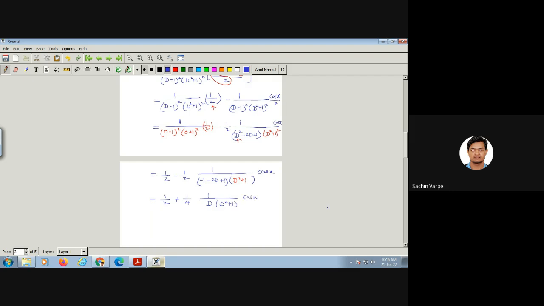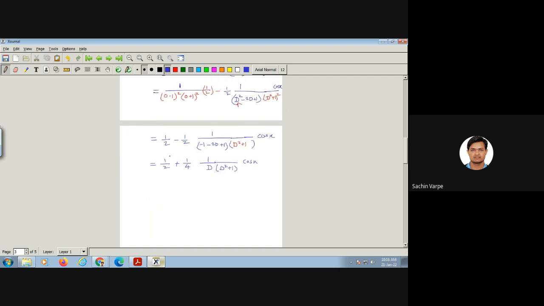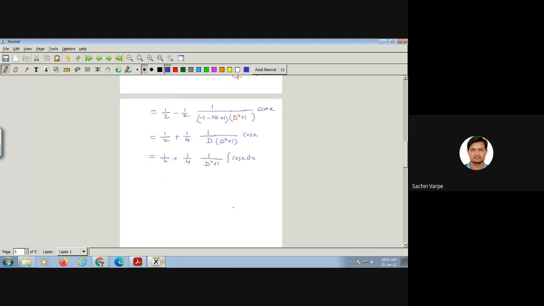Cos x. So what we'll do, 1 upon d means what? Integration. So 1 by 2 plus 1 by 4, 1 upon d square plus 1 integration of cos x dx. So what is integration of cos x? Integration of cos x is sin x.